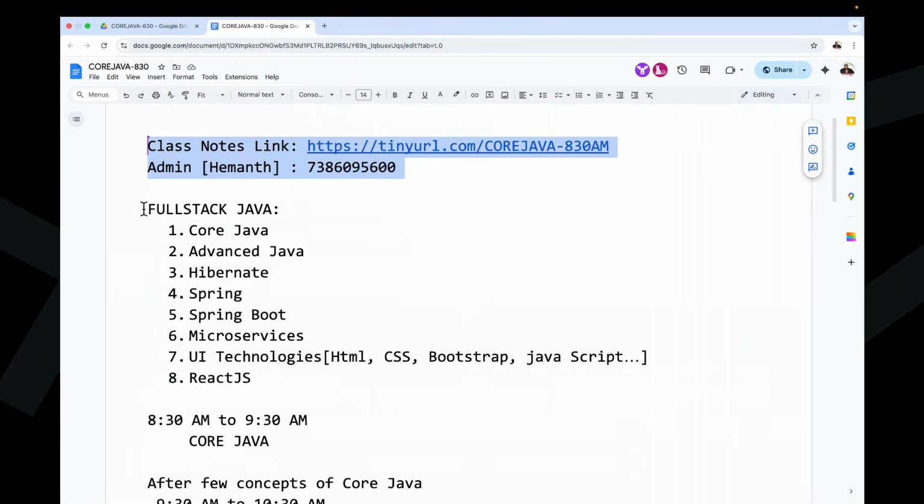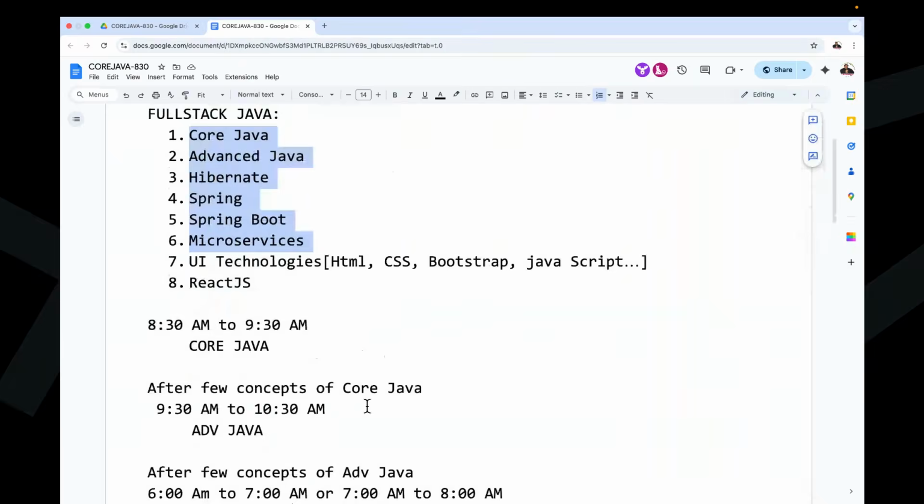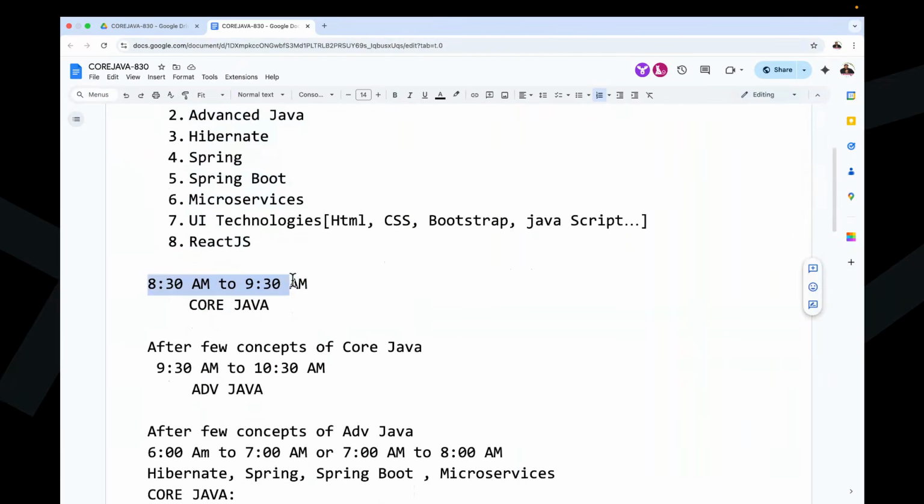Now coming to this full stack Java content: core Java, advanced Java, Hibernate, Spring Boot, microservices, UI technologies, and React JS. UI technologies and React JS will be covered by some other trainer at Durgasoft, but the first 5 topics will be covered by myself. Timing for this is 8:30 to 9:30 a.m. for core Java.